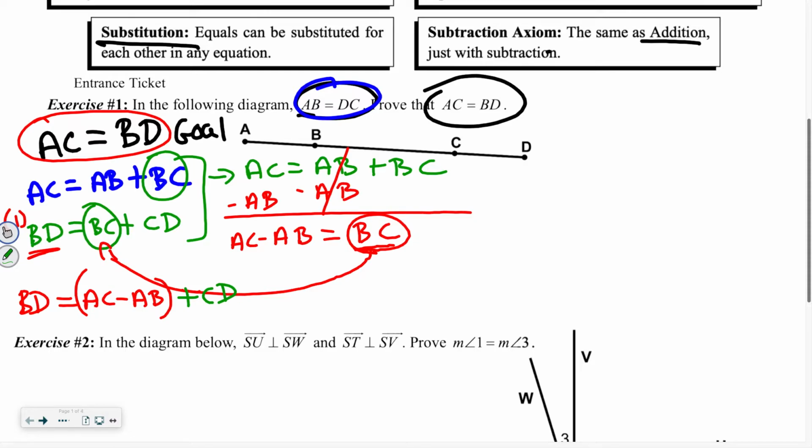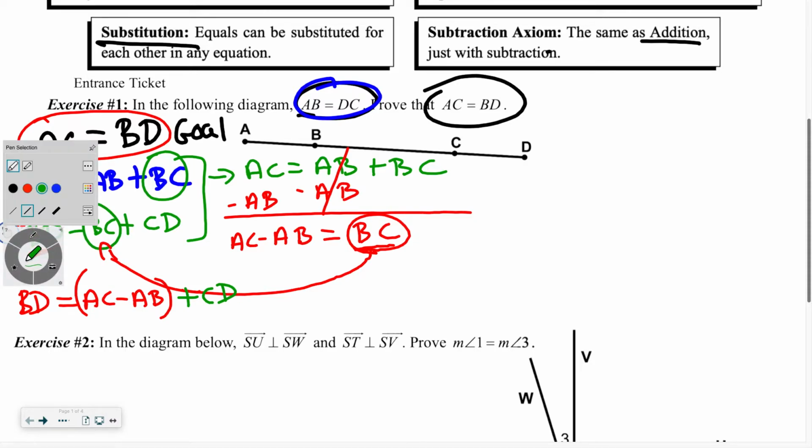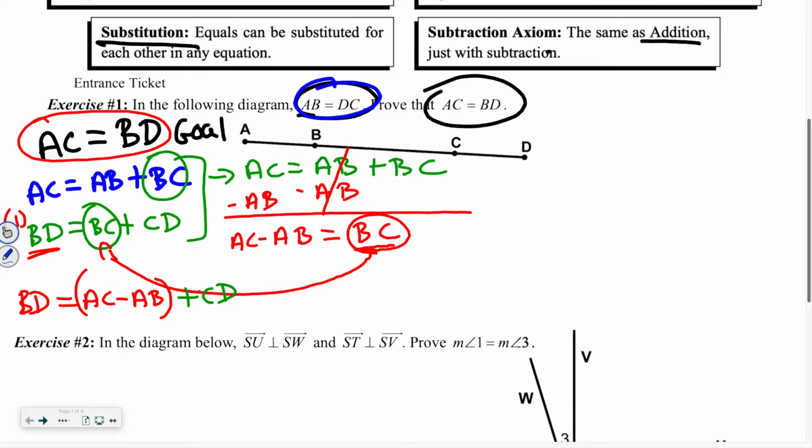Notice I almost have it, that AC equals BD. I want to keep the BD and I want to keep the AC. The things that I want to get rid of are AB and CD. And what's the relationship between AB and CD? Here's the relationship. AB is DC. So, applying this substitution here, I end up that BD is equal to AC minus, well, AB, I can substitute for a CD.